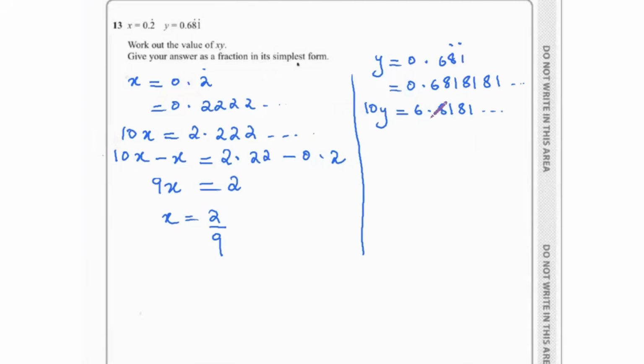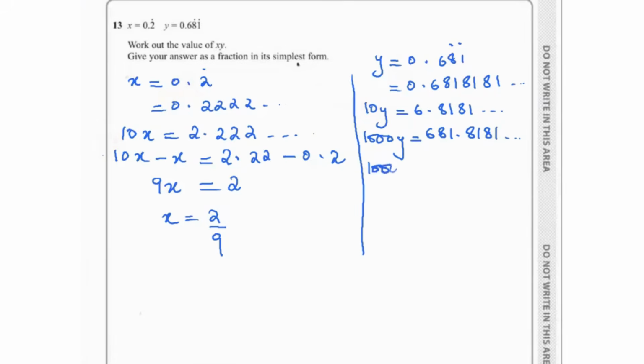Since we want the numbers after the decimal to be 81 and so on, let's multiply y by 1000 now. So we multiply it by 1000, we get 681.81 recurring. As you can see, the numbers after the decimal are exactly the same.